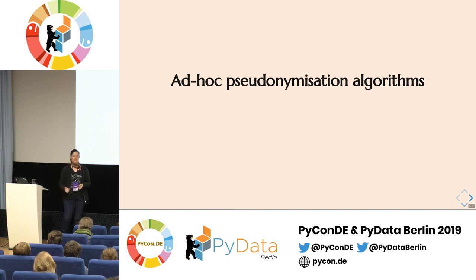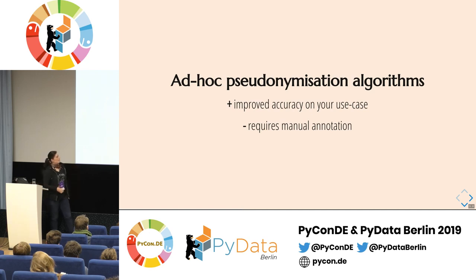There are some existing libraries more suited to this kind of thing. The advantage of such an algorithm is that you hopefully get more accuracy on your domain-specific data. The con is that it requires annotation, which is time consuming, and it means that someone has to go through every document and annotate every piece of private information. Since we are trying to enhance privacy, it's a trade-off: at first, someone has to look through everything.